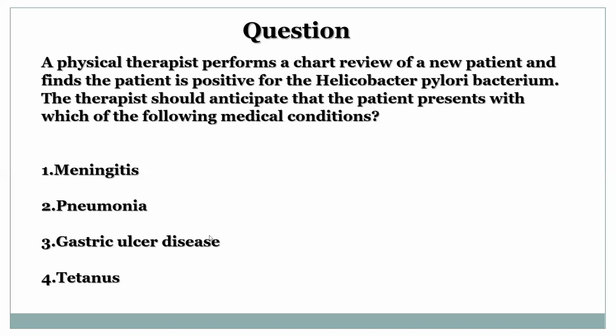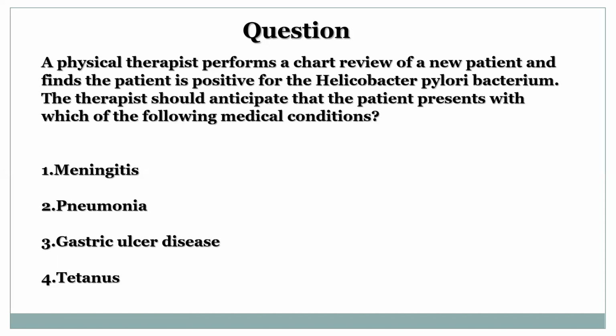As I mentioned, gastric ulcer disease is often caused by gram-negative bacteria, which is Helicobacter pylori, and it is found in the upper gastrointestinal tract. This infection is believed to be a potential cause of gastroduodenal ulcers. The duodenum is part of the small intestine, and gastric means stomach.